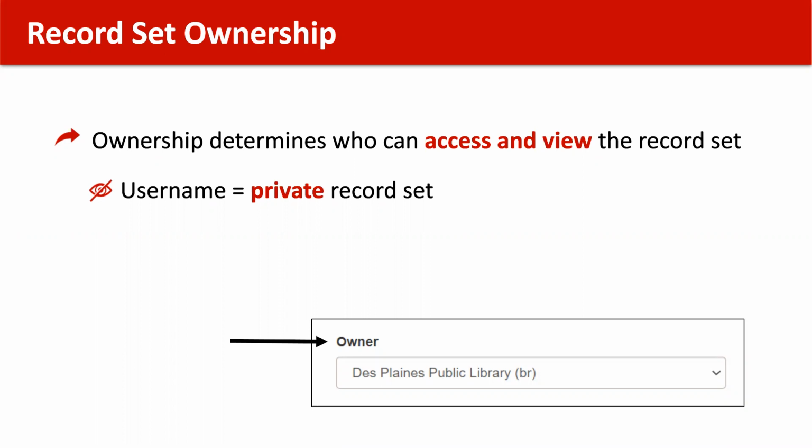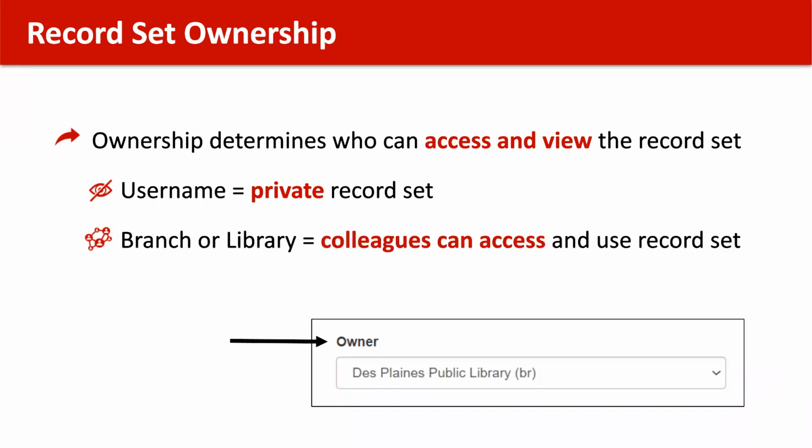Individual ownership is fine if you have a record set that only you will be using, but if it's a set that you want your coworkers to be able to access, or you're going to use to display in the Power Pack, you'll want instead to save it to a different ownership level. In addition to the username level, you can also save it to a branch level or a library level.